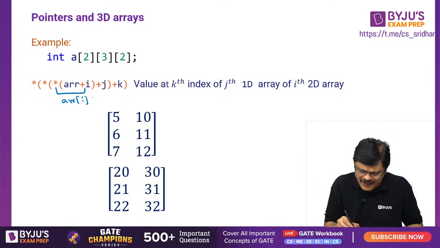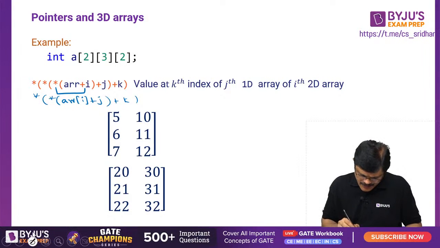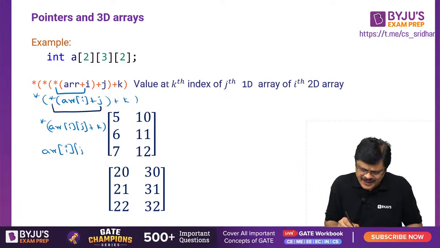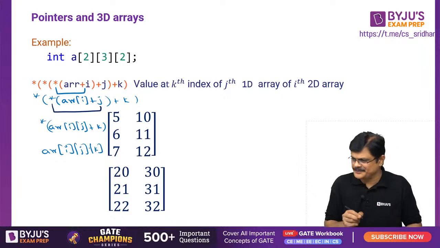Is it not your ARR i plus j whole star plus k whole star? Now this is equal to ARR ij plus k whole star, and this is equal to ARR ijk, my dear friends.